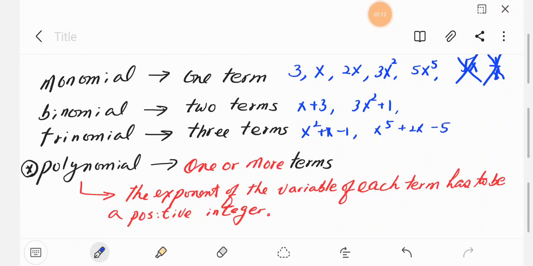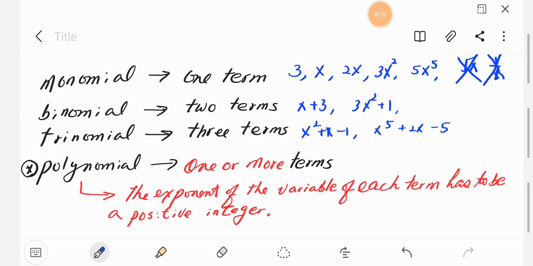So if a polynomial contains only one term, then we call it a monomial. Two terms, then binomial. Three terms, then trinomial. And four terms, there's no special name for this, so just a polynomial with four terms.